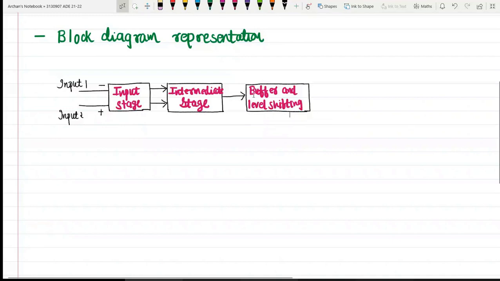Okay, so basically, if we talk about this buffer stage, it is nothing but an emitter follower whose impedance is very much high, and it will prevent the loading of the high gain stage. Right.